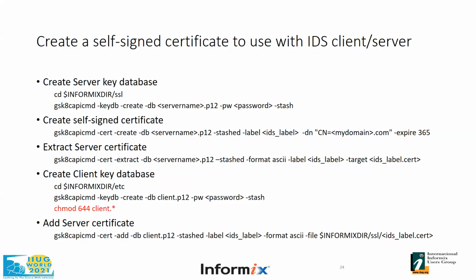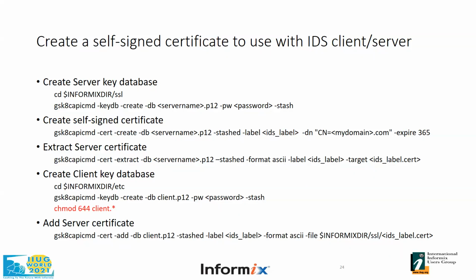And this should be enough to allow you to create a client and a server that can communicate with each other using SSL. All you have to do is set up the sqlhosts file to say onsocssl and have the appropriate information in your onconfig file.